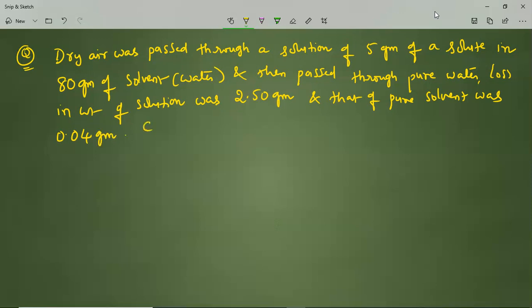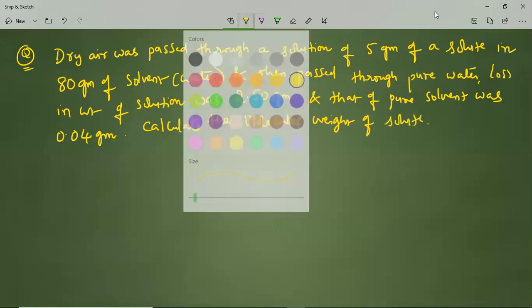Then calculate the molecular weight of solute.